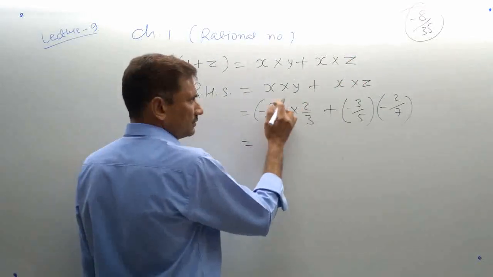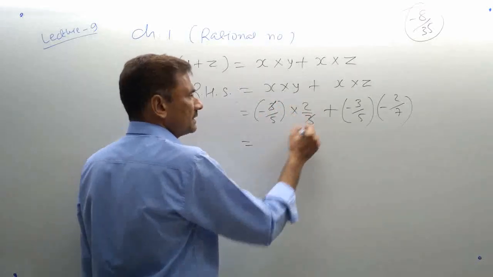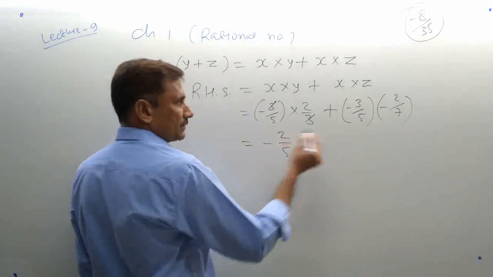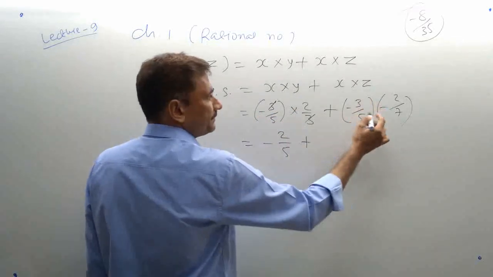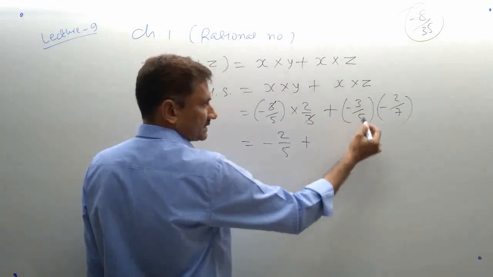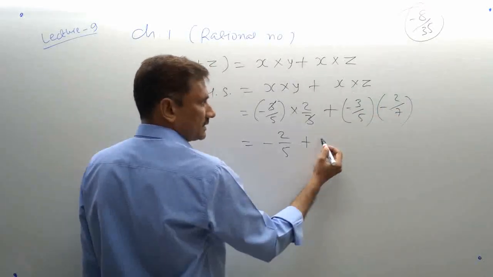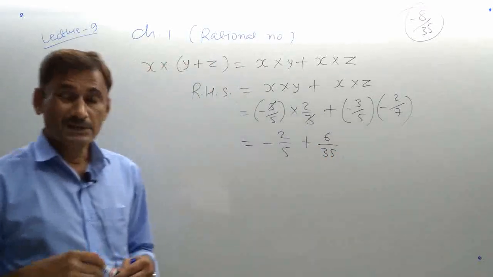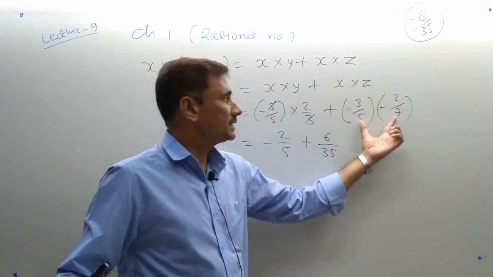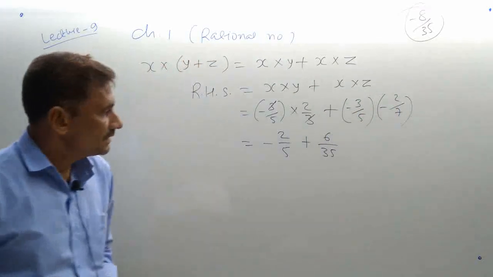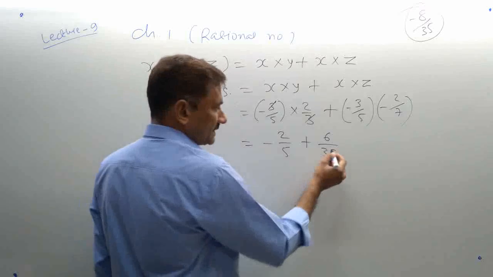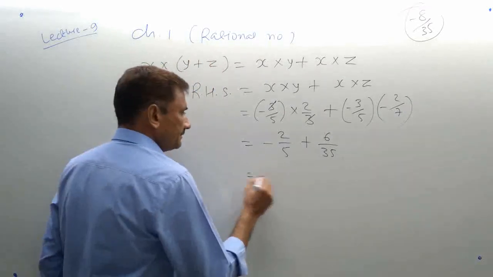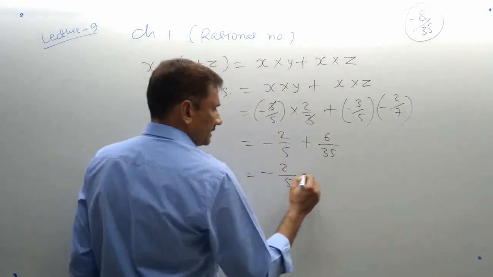Okay, now you know in a multiplication you can cancel out this way, so it will be minus 2 by 5 only. Why? Minus is there. Okay, now what will be here? Nothing is cancelled here, so minus minus plus only. So 3 2s are 6, 7 5s are 35. If cutting is not possible, just multiply both numerators and both denominators. It is simple. Now you can see here 35 is the LCM. Why is 35 the LCM?